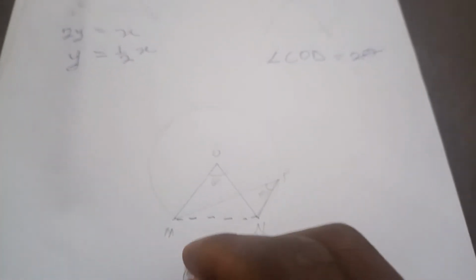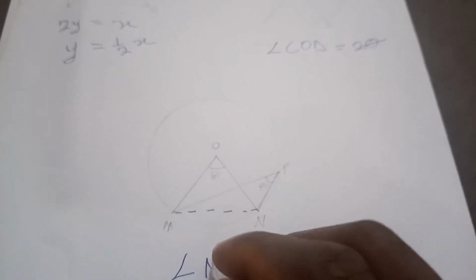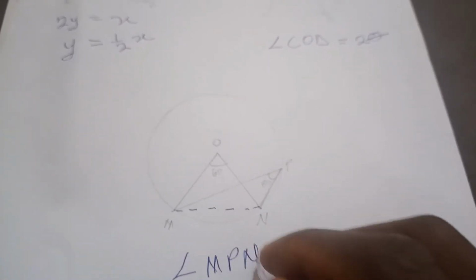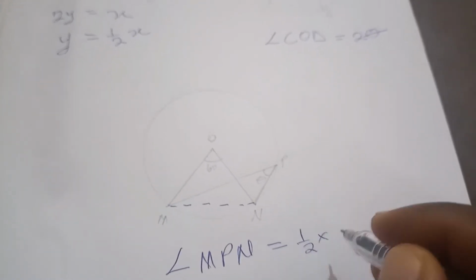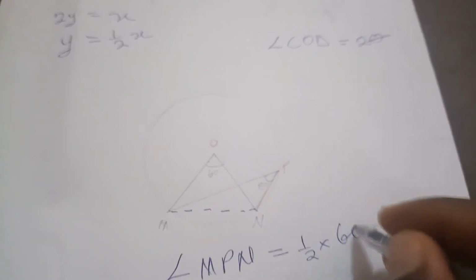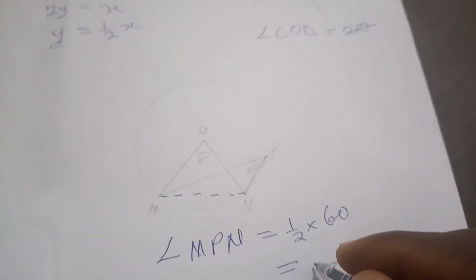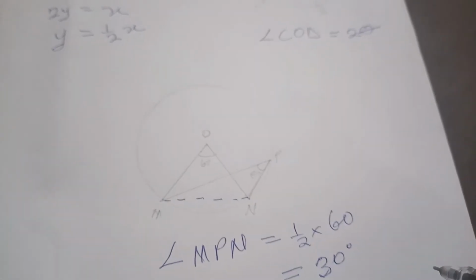That means angle MPN is going to be half of angle MON, which is at the center of the circle, 60, and that is going to give us 30 degrees.